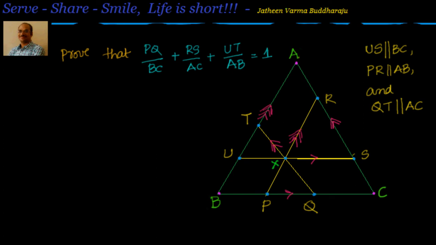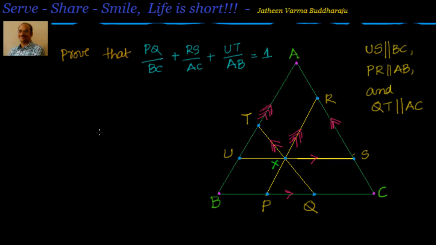So, how to start this particular problem, how to go ahead with this? First, we know that whenever you see parallel lines, immediately we have similar triangles there, either by the basic proportionality theorem or by similarity. Now we have similar triangles here, so let's try to identify those similar triangles.